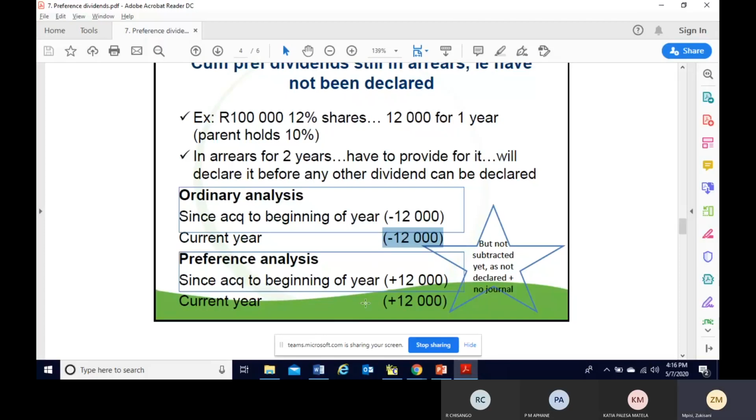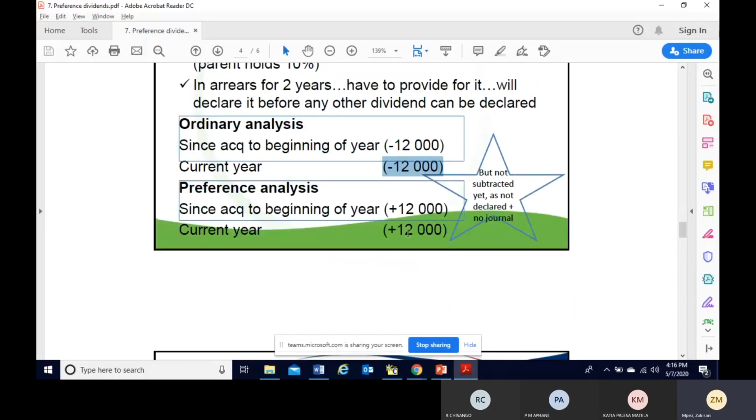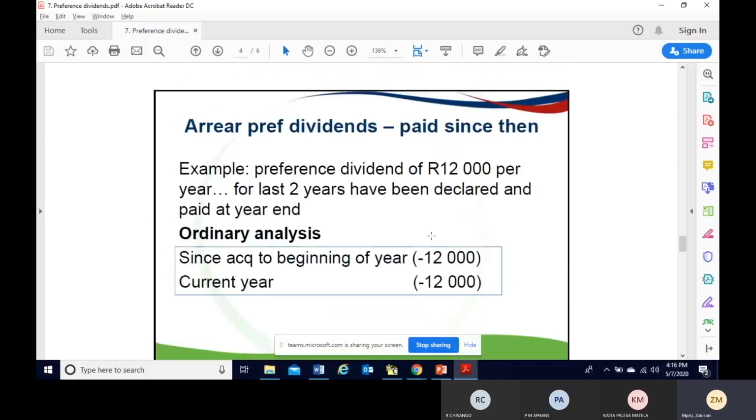But when it comes to preference dividend analysis, since acquisition, we will transfer the profit where you have paid this dividend and we'll transfer it in the current year as well, but we do not make a provision for paid yet. So which means your interest here would grow up until you have an expenditure.